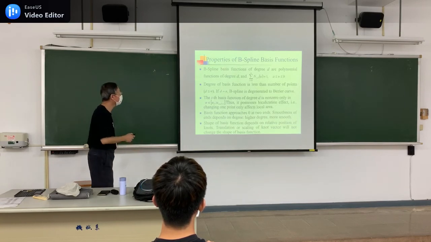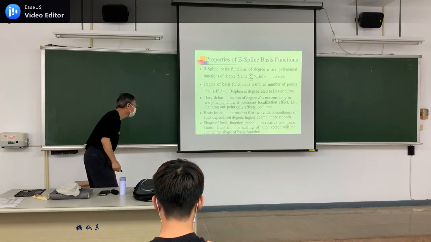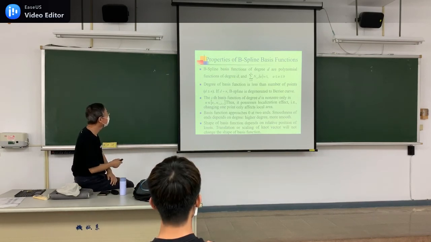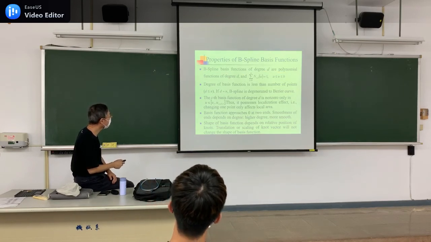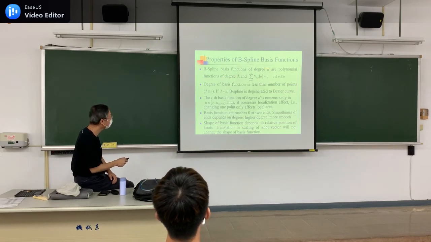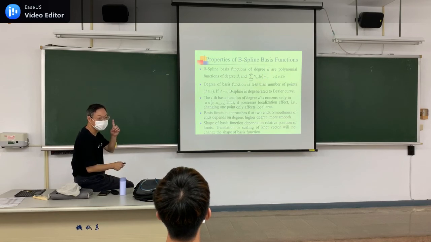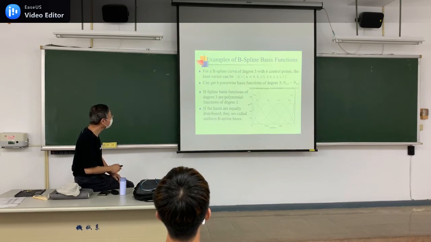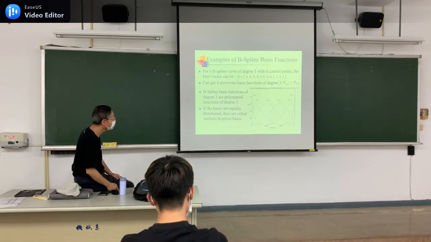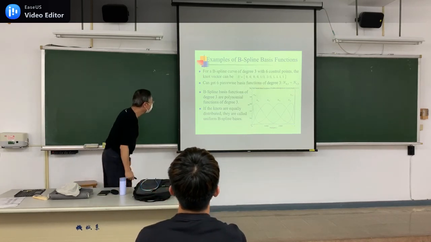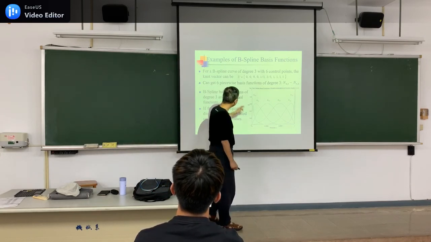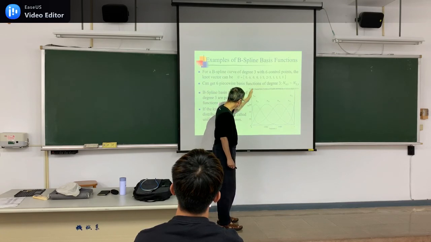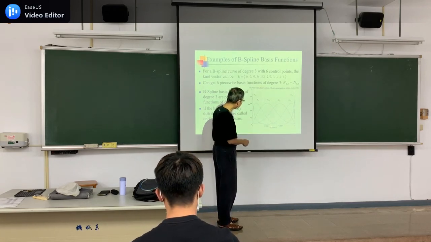Okay, properties of piecewise basis functions. Piecewise basis functions of degree D are polynomial functions of degree D, and the summation is 1, just like Bezier. The weightings from P0 up to P5, you sum them together, and they will all equal 1.